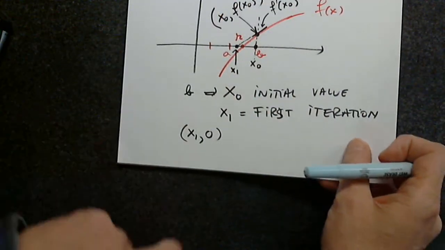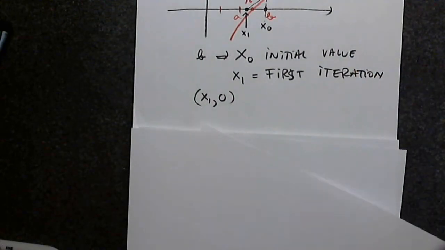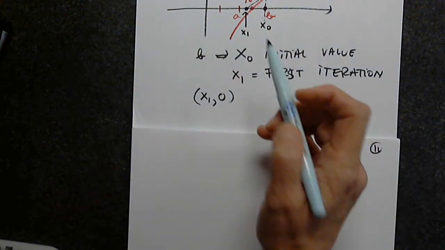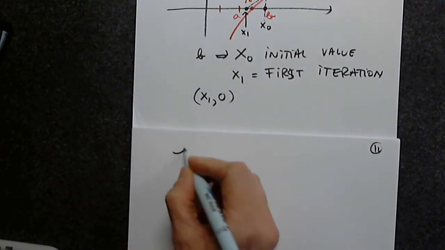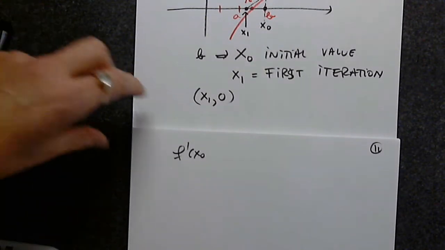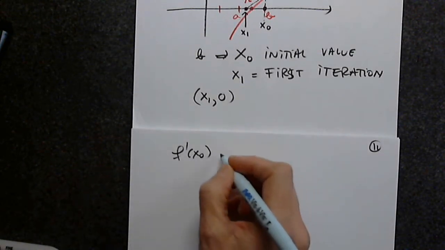Very good. And now, I would like you to give me the slope of this line, of the tangent line, but you should say you already have it. Yes, I do. It's f prime of x0.